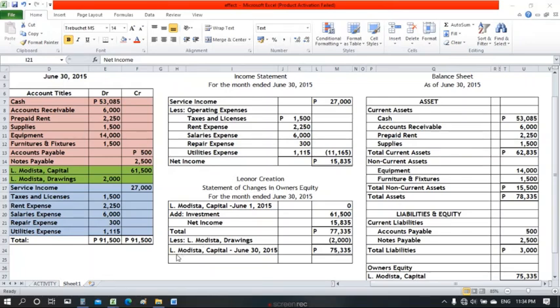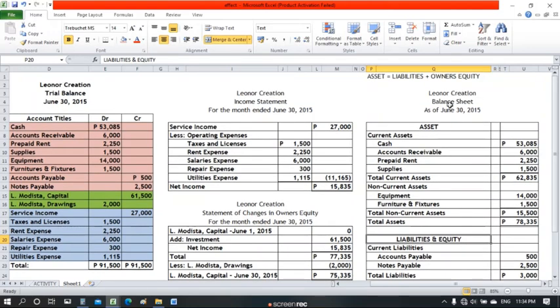This will give you the ending capital, the ending balance of the capital. That ending balance of the capital is to be included in the preparation of the balance sheet. So in the balance sheet, asset, liabilities, and equity are the accounts included. That is how you prepare the financial statement.